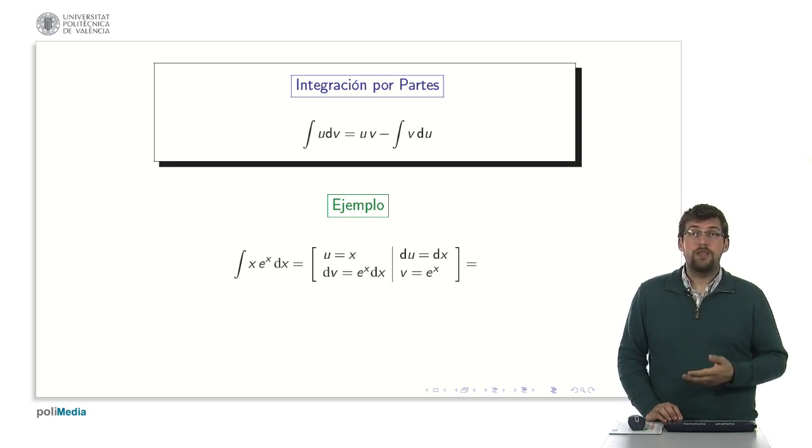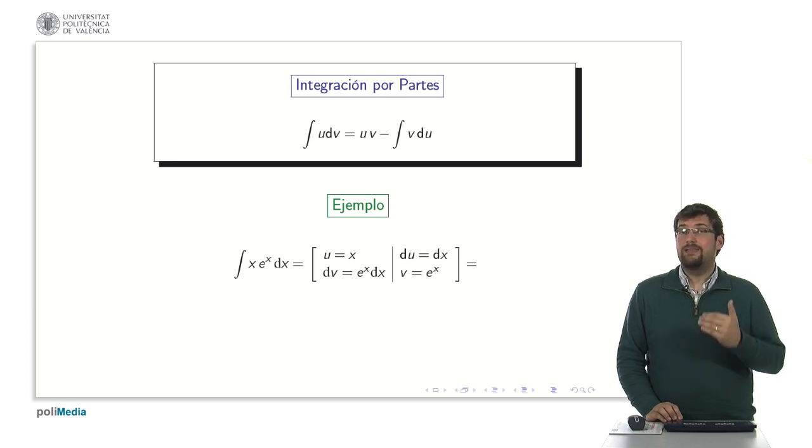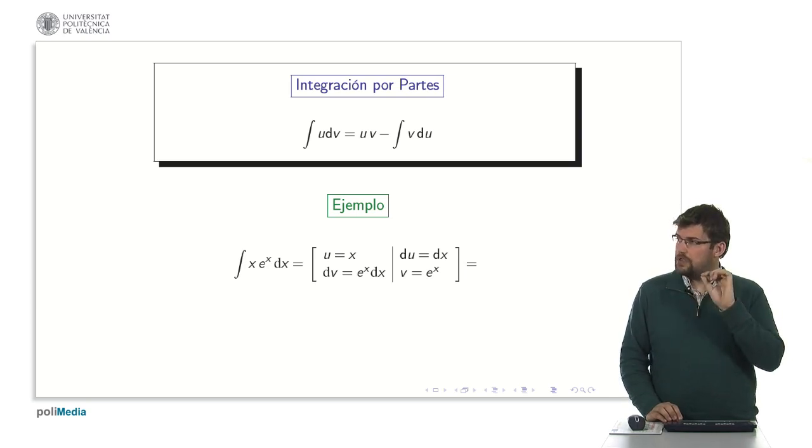Therefore, we could say that the integral of the exponential is no other but the exponential itself. It's important to emphasize that we are differentiating u and integrating dv. Therefore, the choice of u and dv is crucial. Once we have identified u, dv, du, and v, we can proceed to apply the formula.